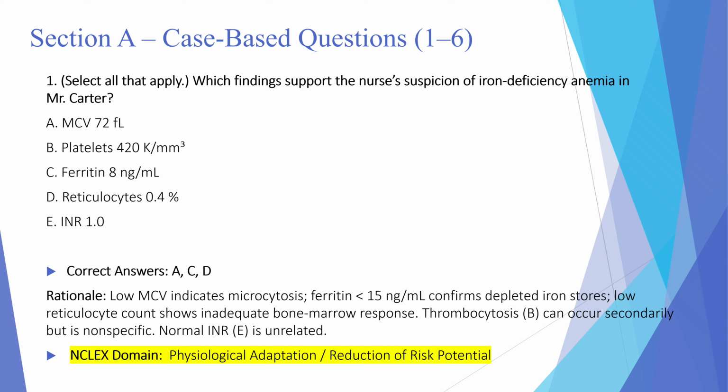Thrombocytosis, the platelets, can occur secondarily but is non-specific. Normal INR is unrelated. So this in NCLEX is about reduction of risk potential, physiological adaptation. Go to the next question.